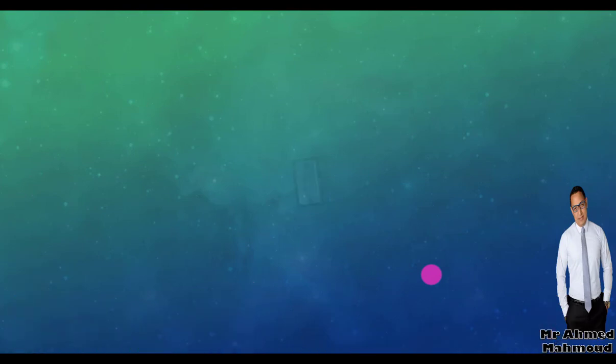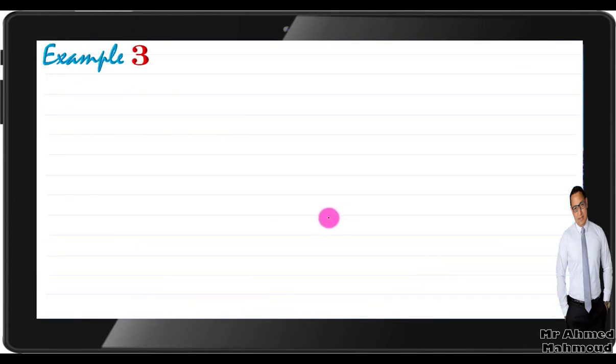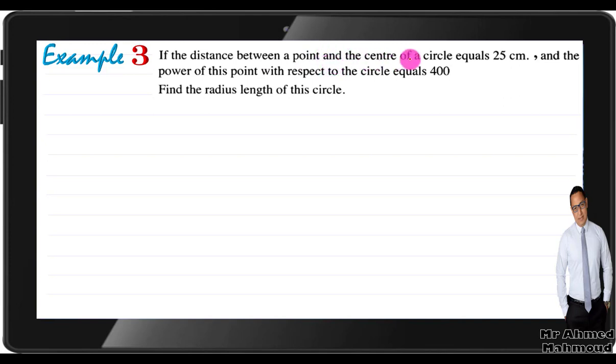Number 3, question 3. If the distance between the point and the center of the circle, let this point be A, so AM equals 25, and the power of the point A equals 400. So I need to evaluate the radius.